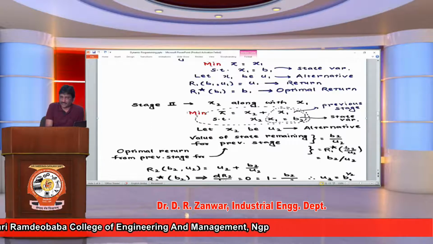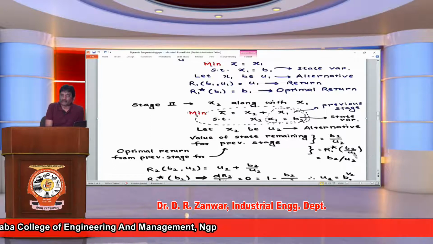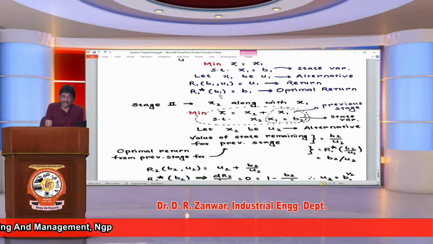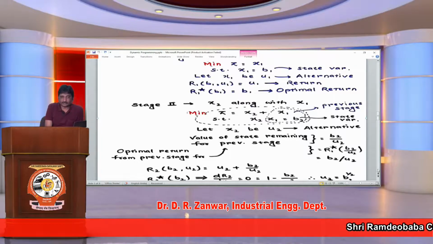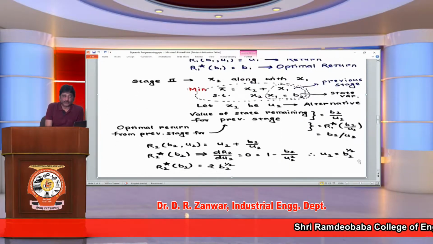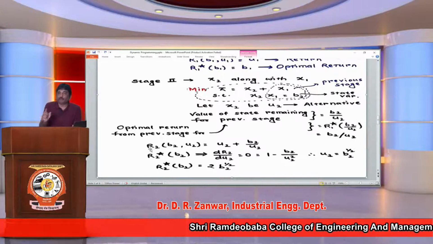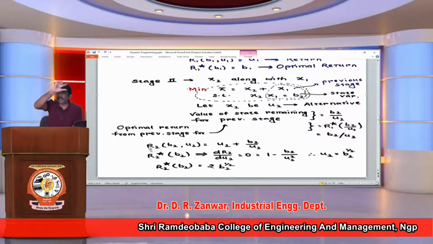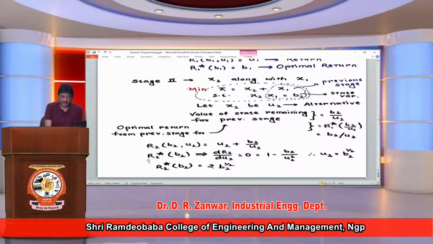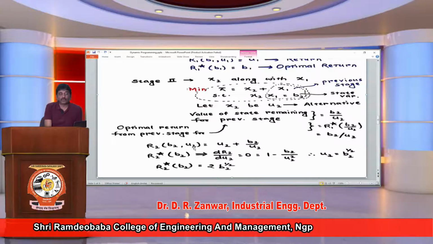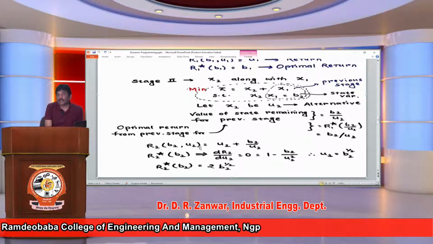So R1 star for b2 by u2, you can find the way you found R1 star for b1 as b1. So R1 star for b2 by u2 will be b2 by u2 simply. Now, you will be interested in finding the return for the state variable and alternative, R2 for b2 and u2.